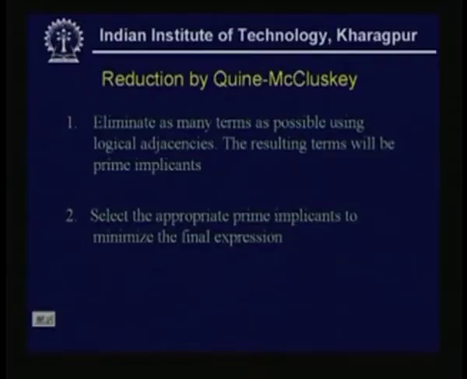Here we are eliminating terms by noticing only the min terms. We will see an example later. And next, we have to select the appropriate prime implicants to minimize the final expression. Now, see how we are doing that.